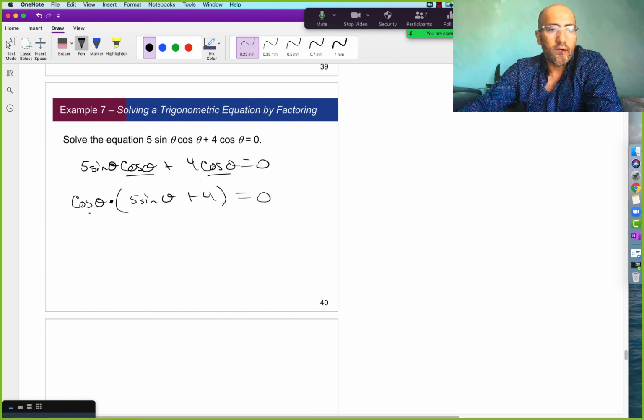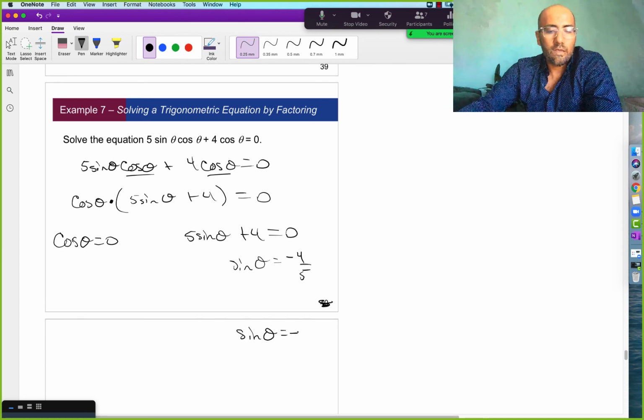Because of the product principle, cosine of theta equals 0 is one solution, and 5 sine of theta plus 4 equals 0 is another. So sine of theta equals negative 4/5, or negative 0.8.